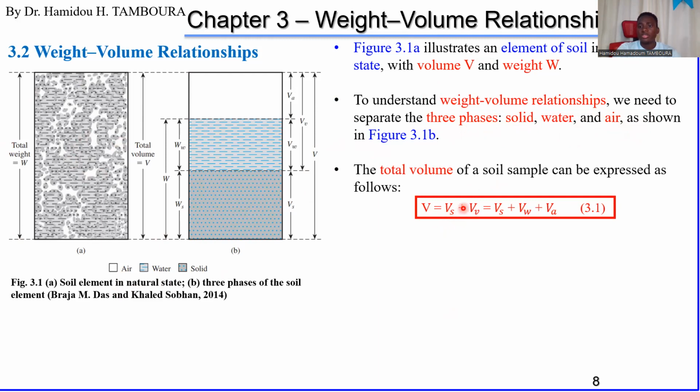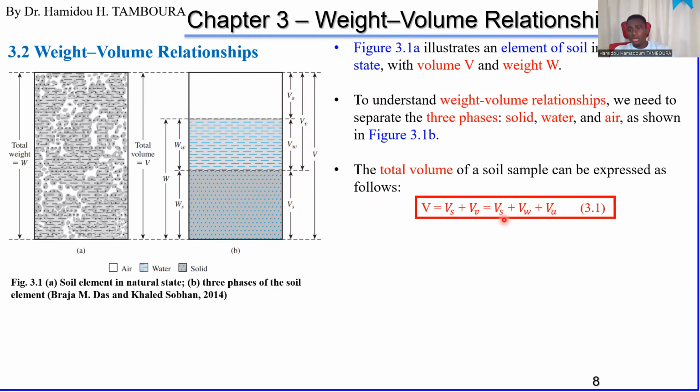So Vs plus Vv, which means volume of void. Vs, volume of the solid, plus volume of void. And if you go deeper, volume of void is just volume of water plus volume of air. That is here.